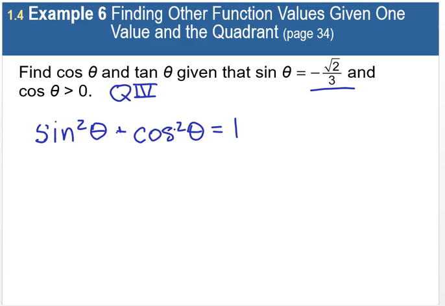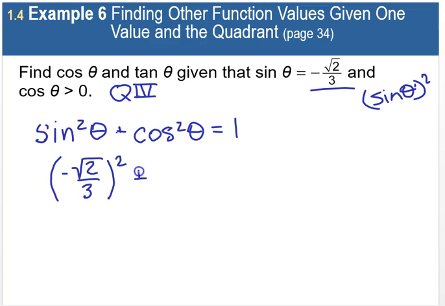Remember how I said that sine squared theta is the same thing as sine theta squared. So that's what we're going to treat it as. We're going to square this, add it to cosine squared theta, and solve for cosine.